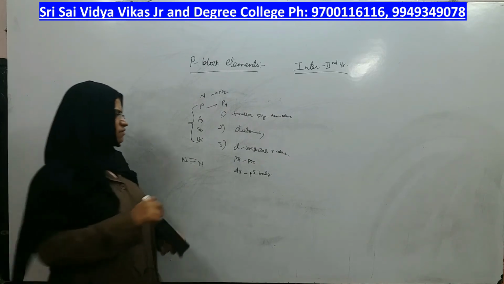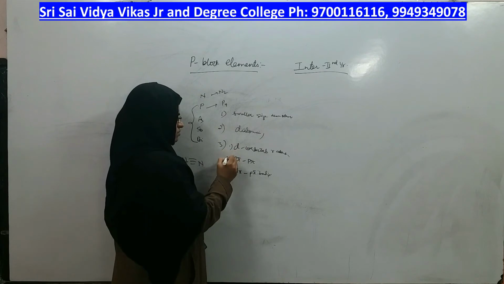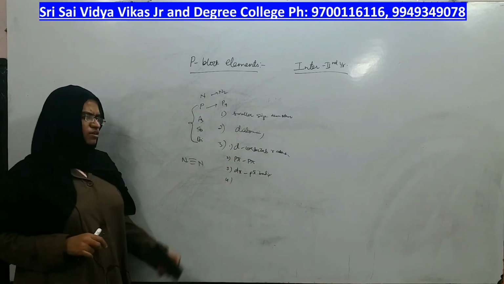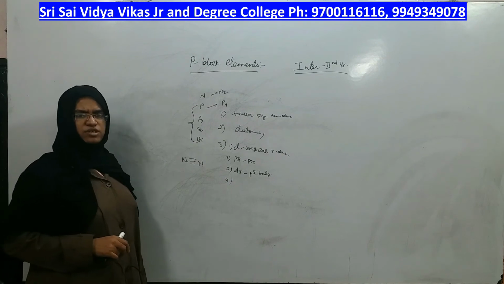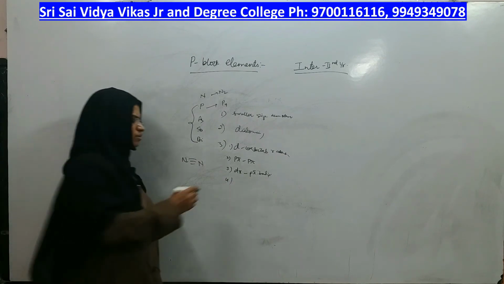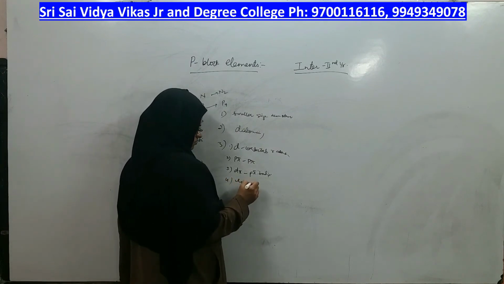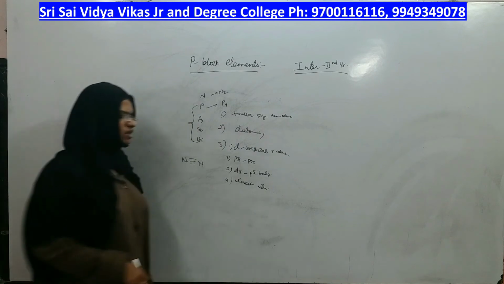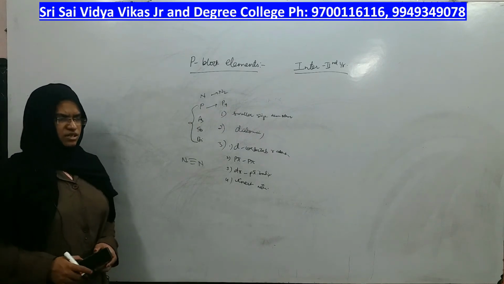That is another feature. Next, the dinitrogen molecule is very much inert because the bond is very strong and very difficult to break. Other molecules are not that inert in nature, right?